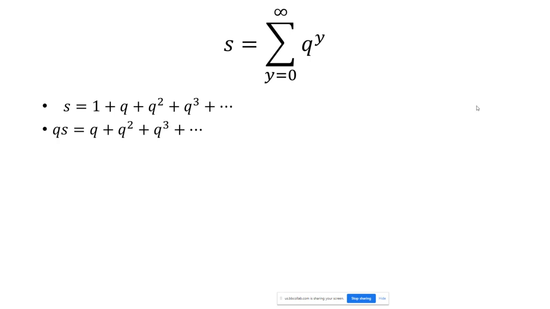So let's try q times s. So every term in s gets multiplied by q.